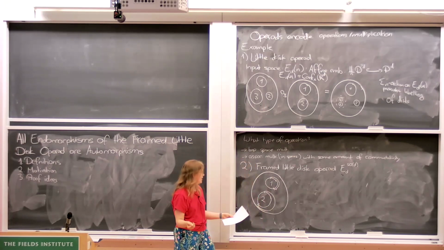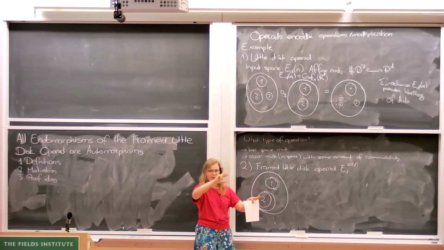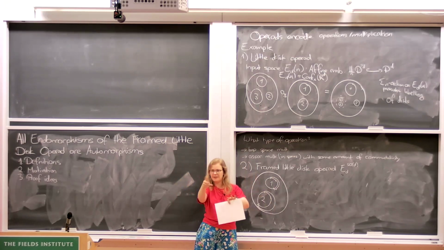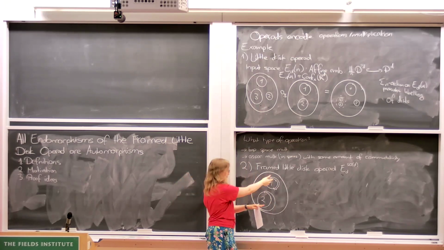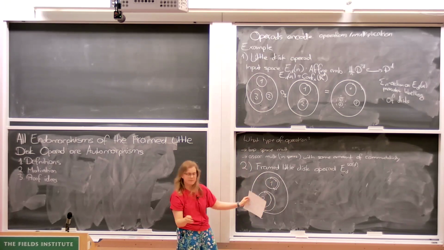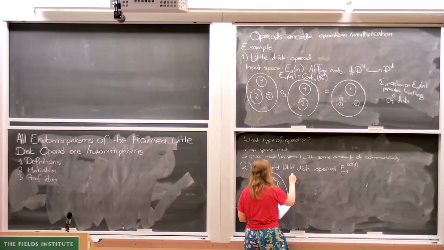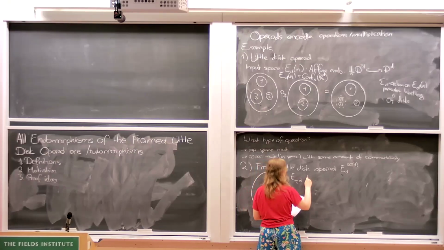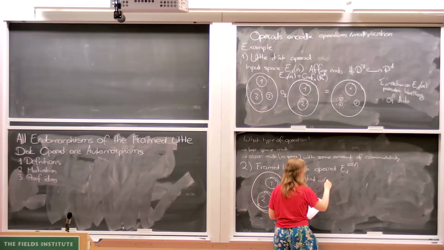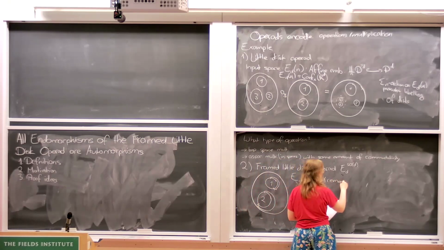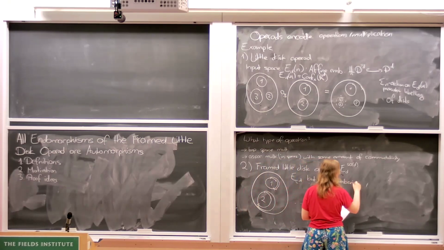Okay. So this is just to imagine the framed little disk operad is rotated, the little disks, both of them, and they can be differently rotated. So it's E_d, but with remembering rotations.